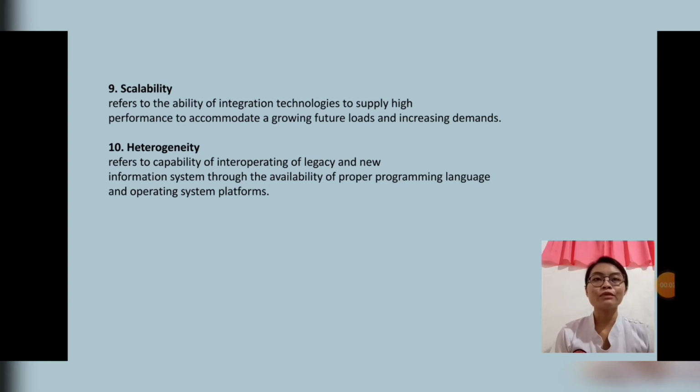It refers to the ability of integration technologies to supply high performance to accommodate growing future loads and increasing demands. Tenth is heterogeneity. It refers to the capability of interoperating legacy and new information systems through the availability of proper programming language and operating system platforms.